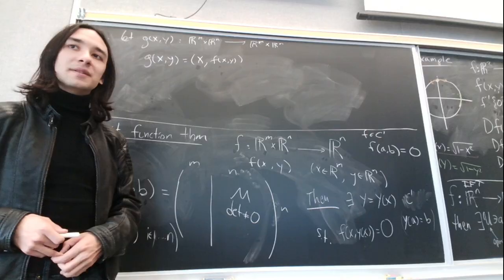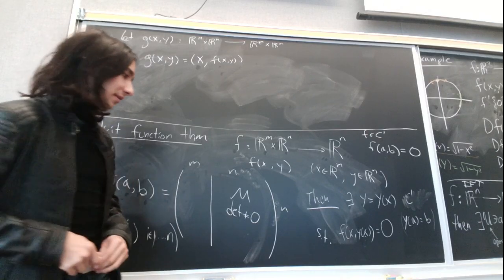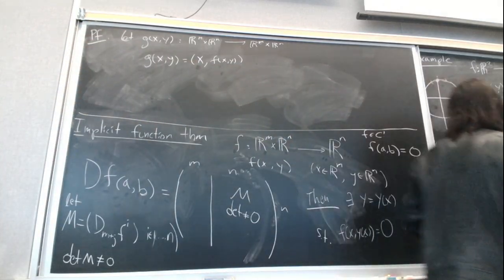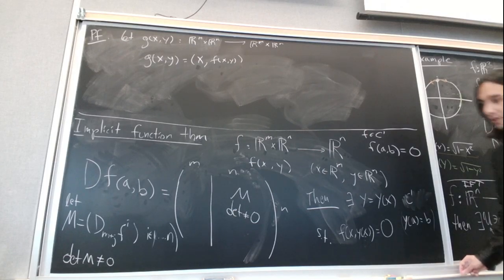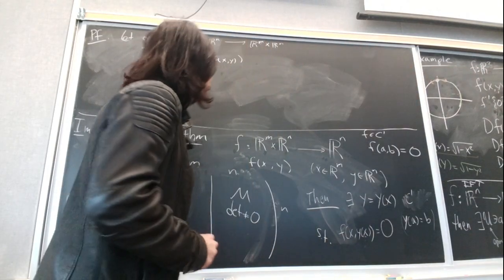So what should be true about the best linear approximation? For the function to be invertible, the best linear approximation should be invertible, so the determinant of the derivative at the point is non-zero. I forgot, my bad, but that was fortunate, I guess.